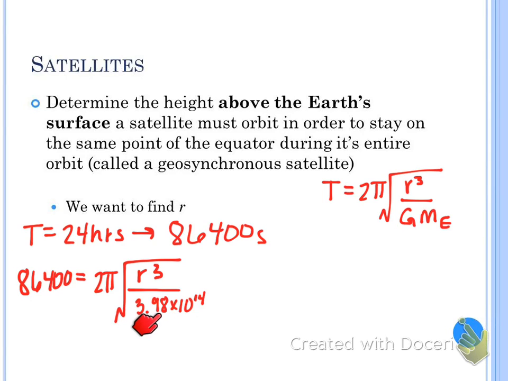This value right here just came from me multiplying G times the mass of the Earth. That equals 3.98 times 10 to the 14th. So I just combined one step right there.